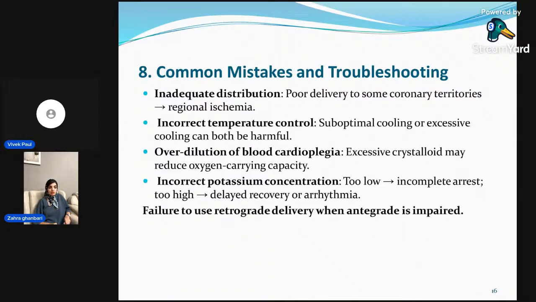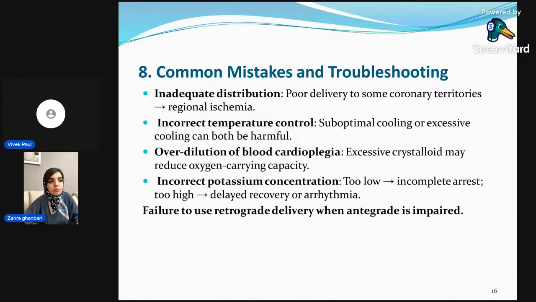For a high-risk patient, hematocrit should be around 25 to 28%, and hemoglobin should be around 8 to 9 grams per deciliter.